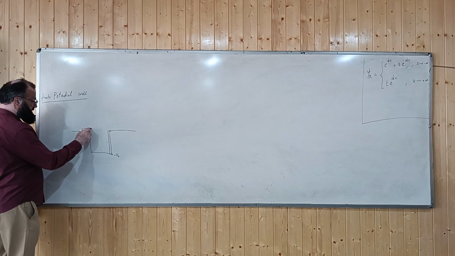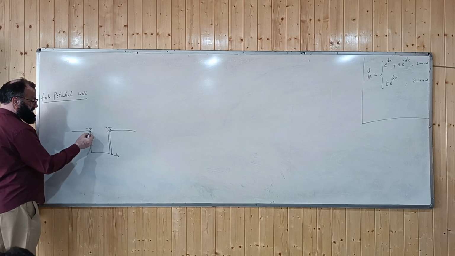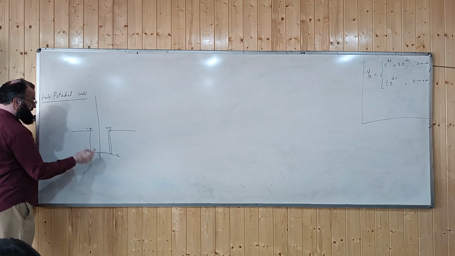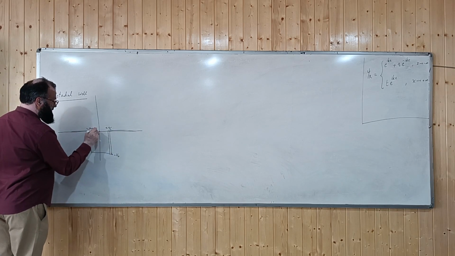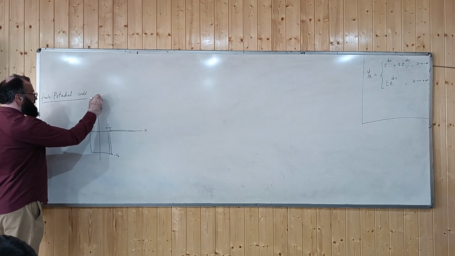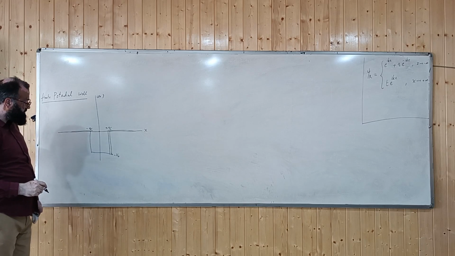It's minus a by 2 and this is plus a by 2. This is 0, the origin. So this is the x-axis and this is your potential. Clear?